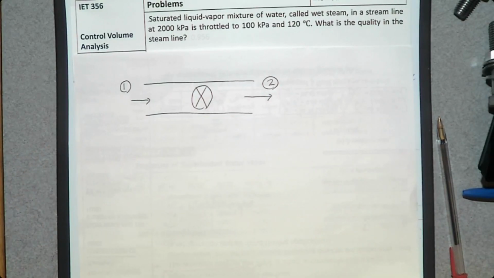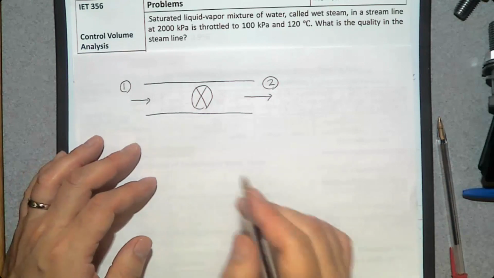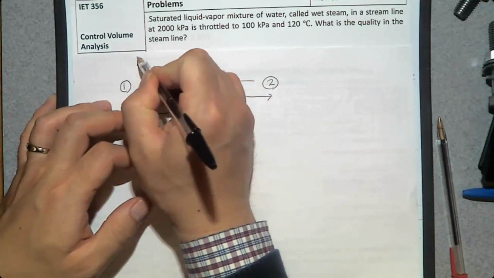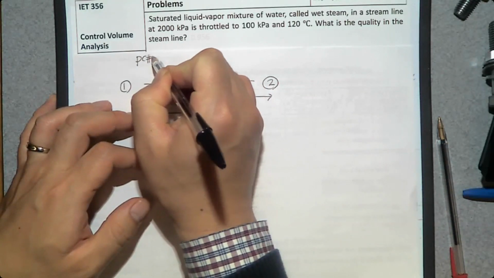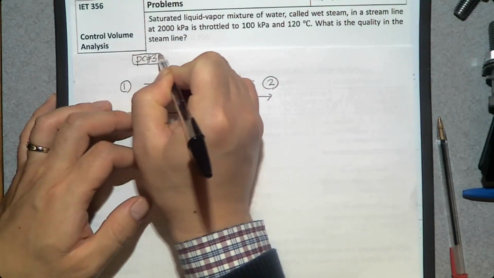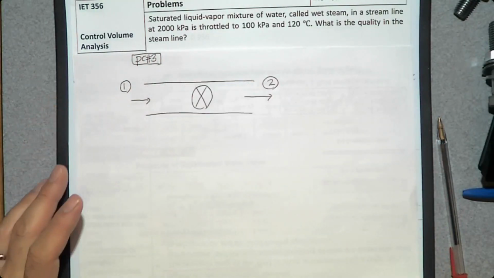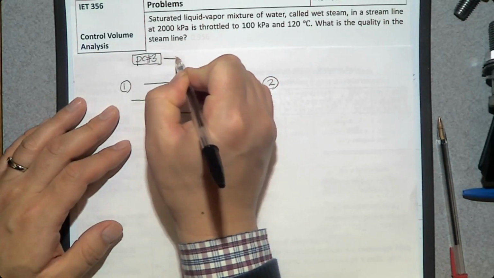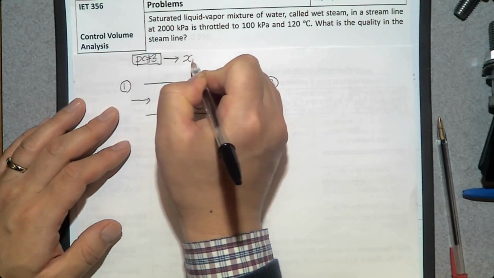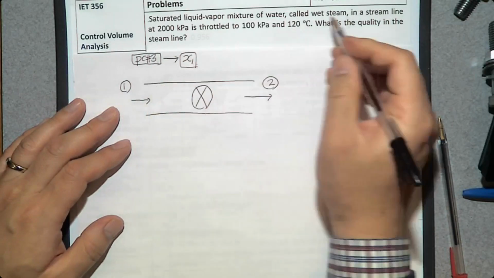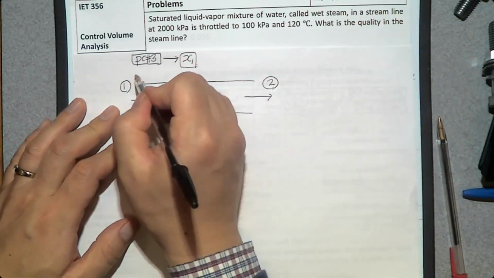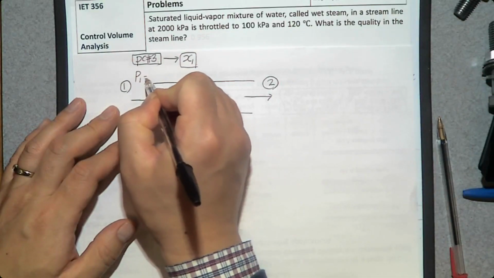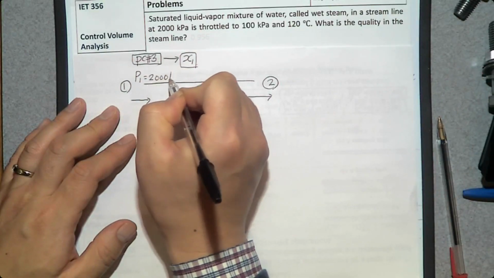A saturated liquid-vapor mixture enters this valve. That means we have a phase change process. Number three, saturated mixture. When you have a saturated mixture, we need another property, that is quality X. By the way, the quality X is not given. The pressure P1 is 2000 kilopascal.